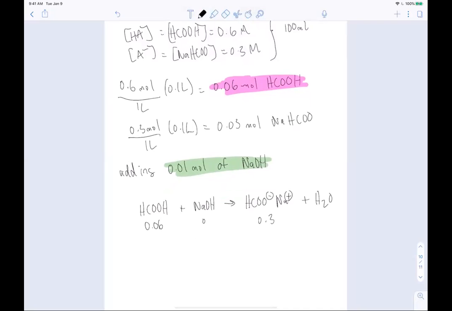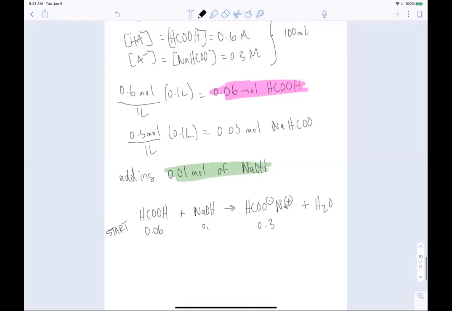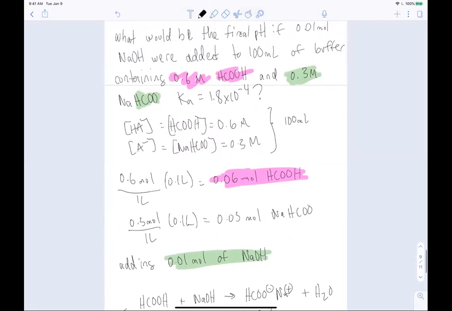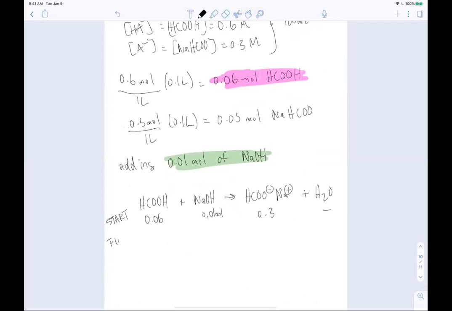Let's say we have 0 of that. I'm trying to be consistent in how I work these. Yeah, we could rewrite this out, right? So 0.01 moles of this, water we don't care about. At the finish of that reaction, we're going to have 0.05 moles of formic acid, because that's going to react completely with the sodium hydroxide.